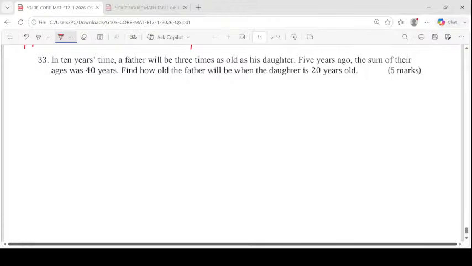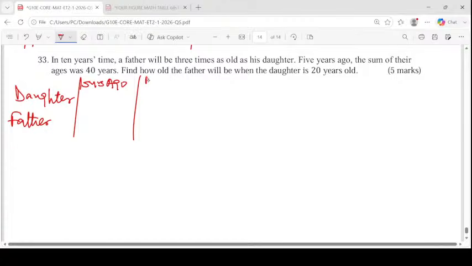So, we have the daughter, then we have the father, then we have their ages 5 years ago.